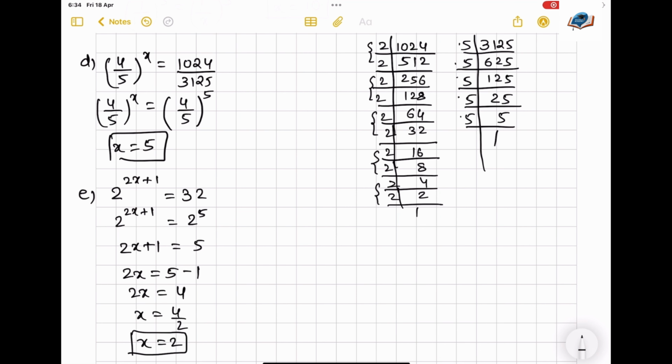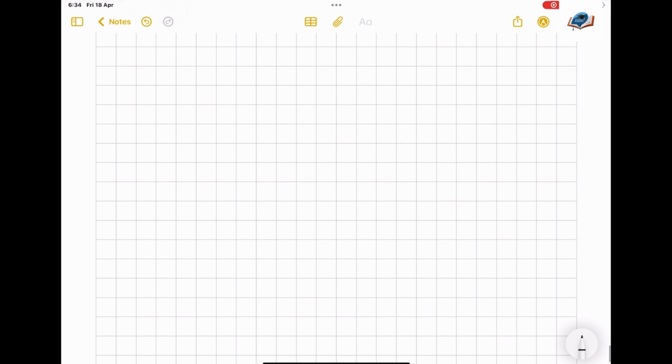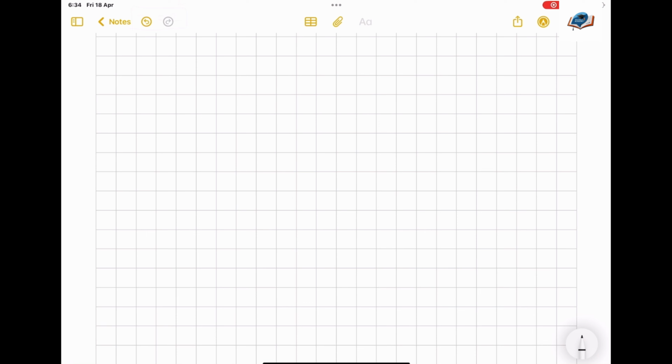Then F. F says 3 upon 7 whole raised to 5 into 3 upon 7 whole raised to 3 equal to 3 upon 7 whole raised to 3x plus 2. So can I write it like this? 3 upon 7 whole raised to 5 plus 3. A raised to m into a raised to n equal to a raised to m plus n.